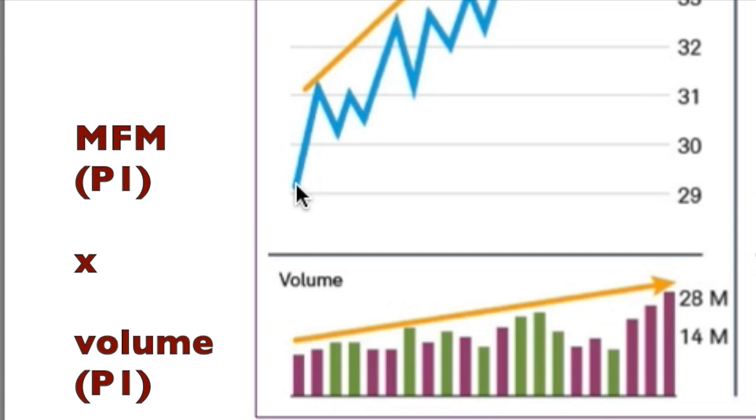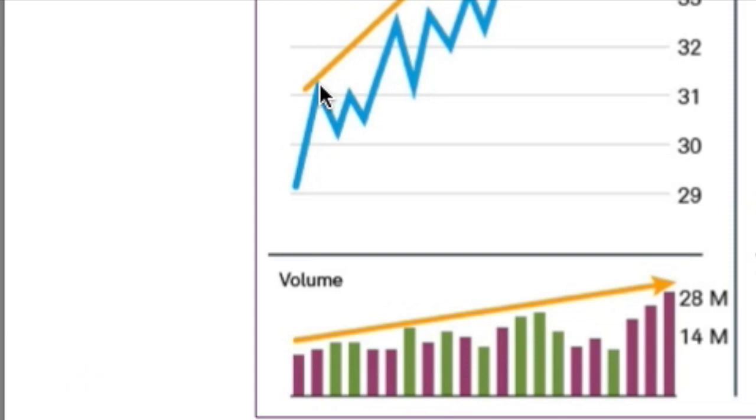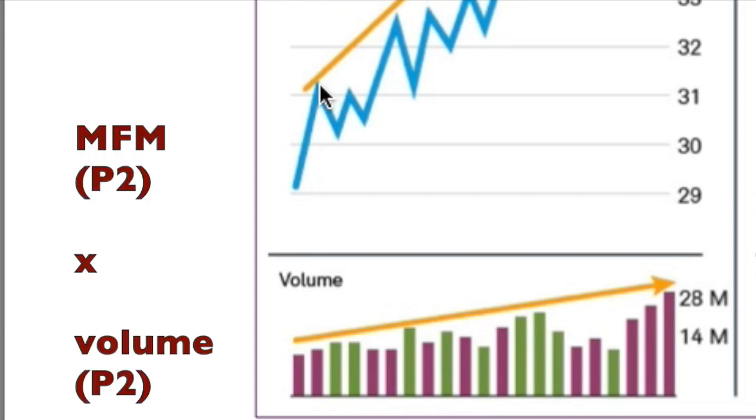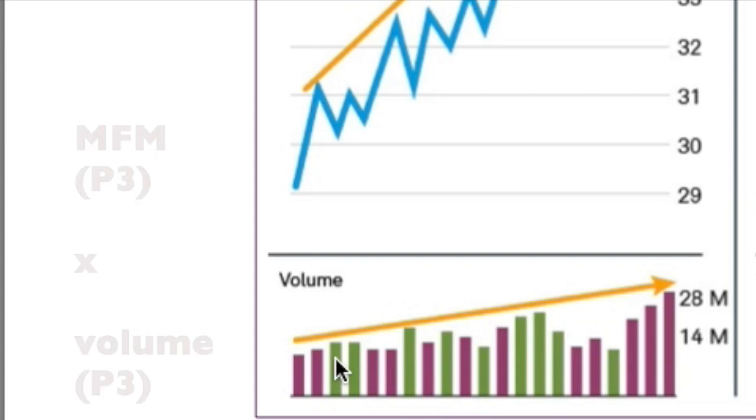Money flow multiplier from period 1 multiplied by the volume for period 1. Here in period 2, the money flow multiplier from period 2, we multiply by the volume from period 2. The money flow multiplier from period 3, we multiply by the volume from period 3, and so on.